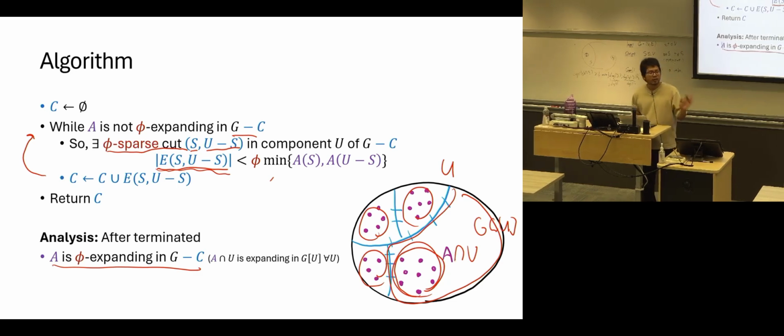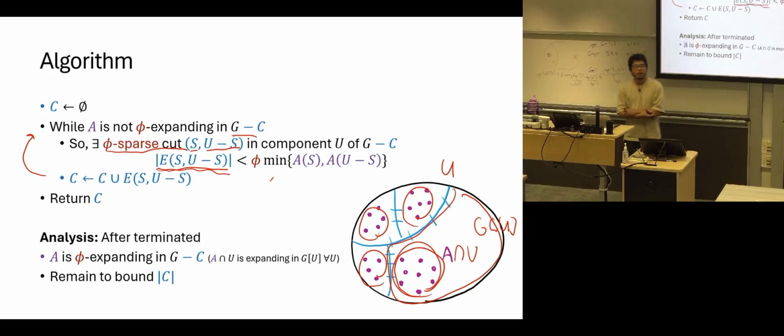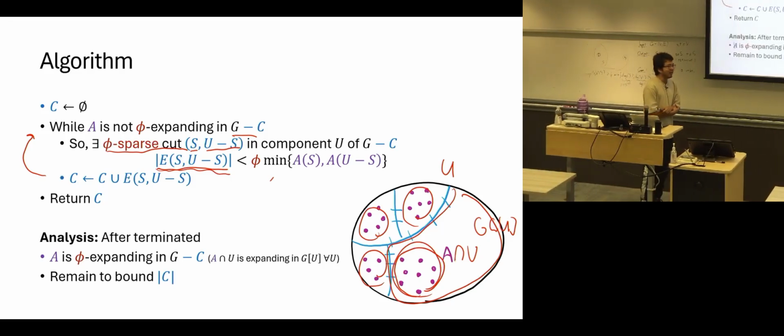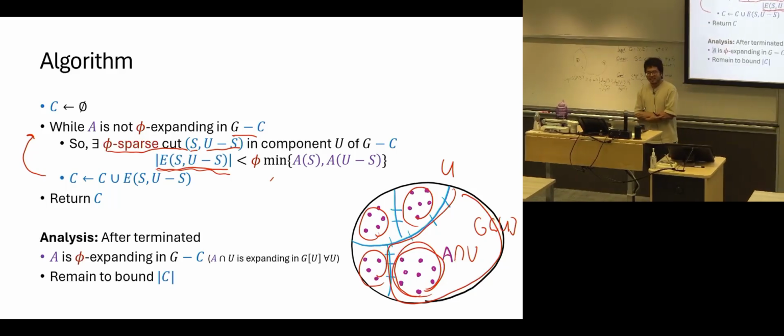So what remains? We just need to bound the size of C. Any questions up to this point? Do we care about how efficiently we can find these sparse cuts? We will care in maybe the next two or three weeks.